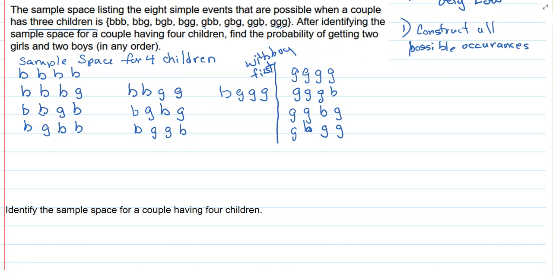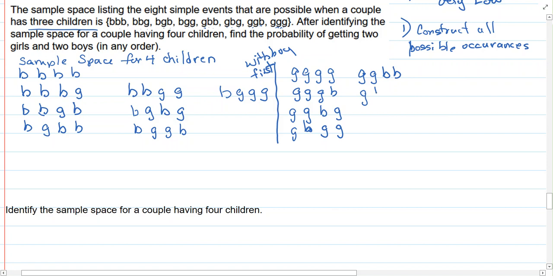Now I'm going to do 2 boys. Girl, girl, boy, boy. And I'm going to mix it up. Girl, boy, girl, boy, girl, boy, boy, girl. All right, now that's that one. Well, the only one left. Now I had 2 boys. I have 3 boys. Girl, boy, boy, boy.